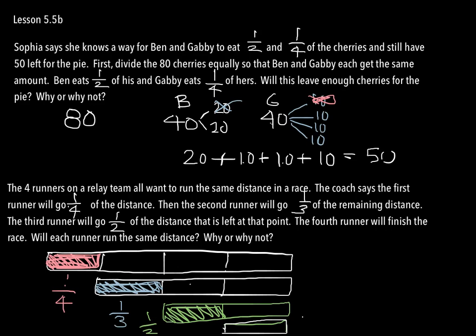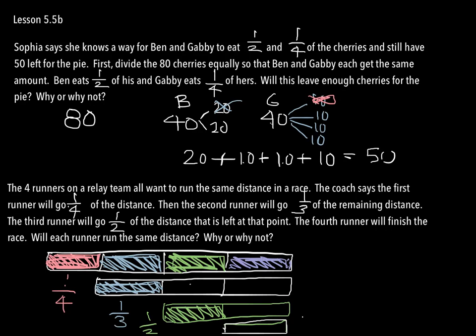So the first runner is done. Now, let's look at the second runner. They're running what looks remotely like 1/4. The third runner looks like they're running the same as 1/4. And then the fourth runner, let's go with a nice bright color here, they're running 1/4.